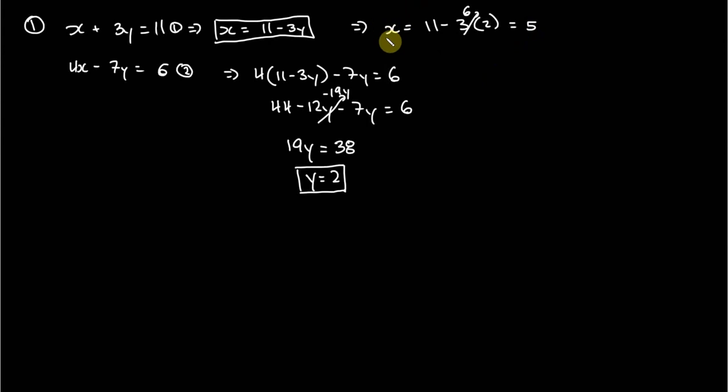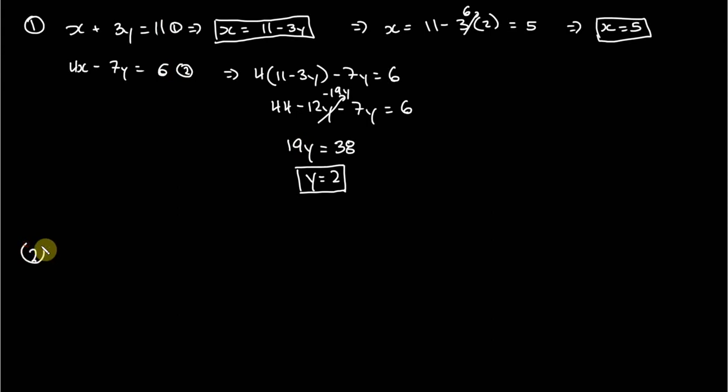So therefore x equals 5, and y equals 2. That is the point of intersection of these two lines.